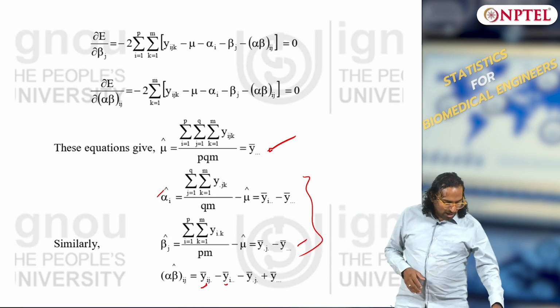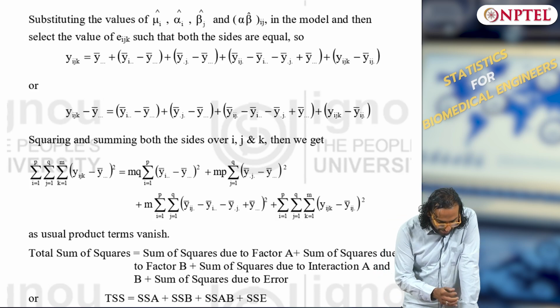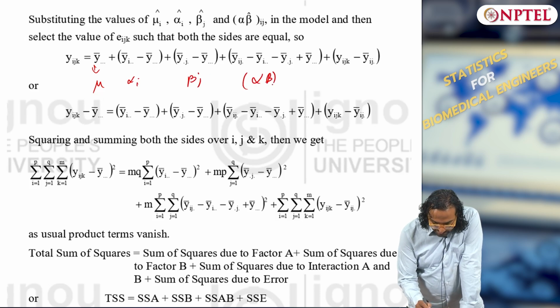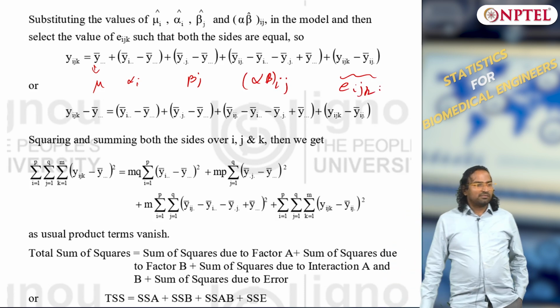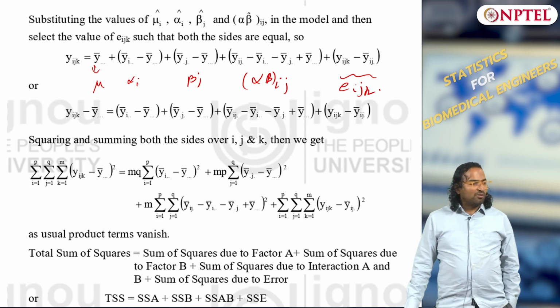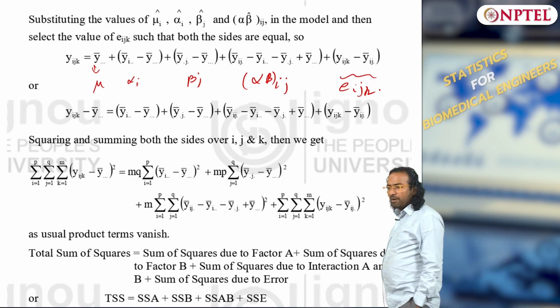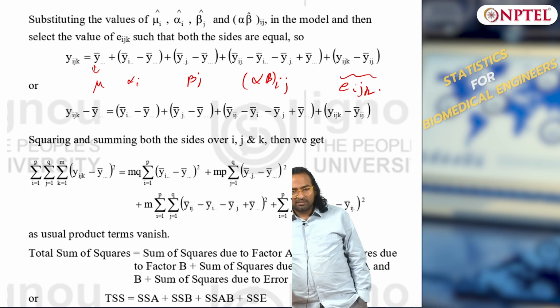Now I can substitute in the model: mu, alpha i, beta j, alpha beta ij, and this is nothing but my e ijk, because I now have an estimate of all of this. So I have the entire model replaced in terms of the estimated parameters.